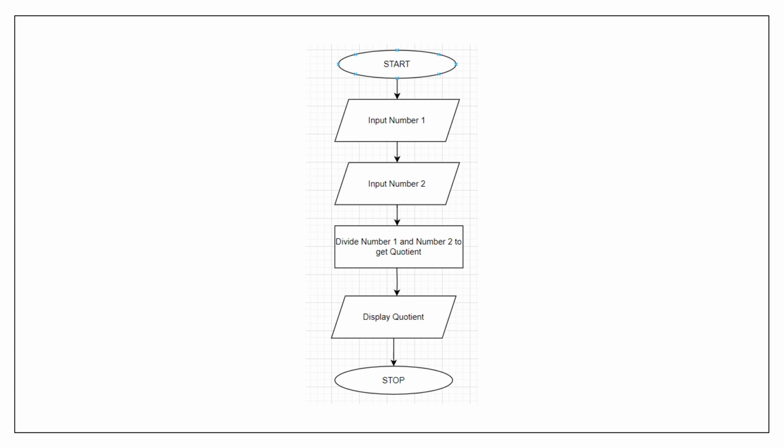So we use a rectangle just after the input number two parallelogram, and we say divide number one and number two to get quotient. Now that we have the quotient, we need to display it on screen, so we use another parallelogram and say display quotient.